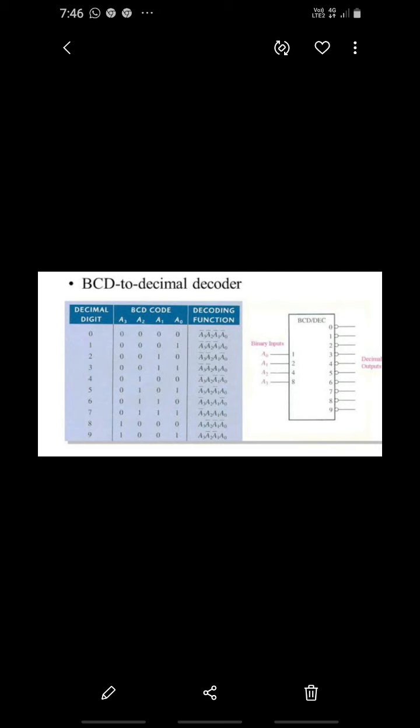So y0 is equal to A0 bar, A1 bar, A2 bar, A3 bar. And next take y1: A0 bar, A1 bar, A2 bar, A3.